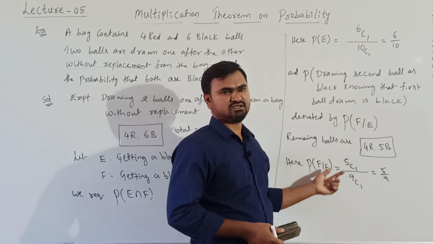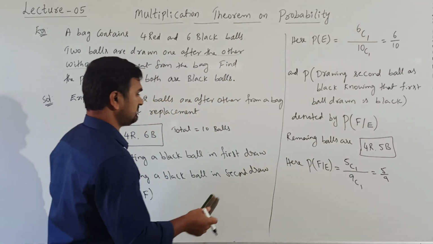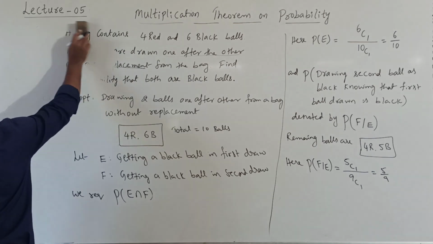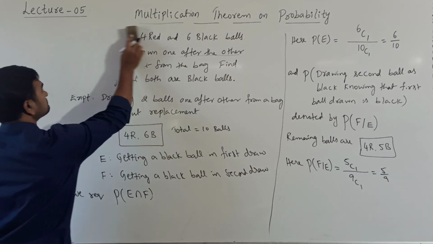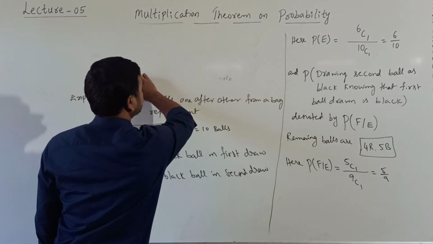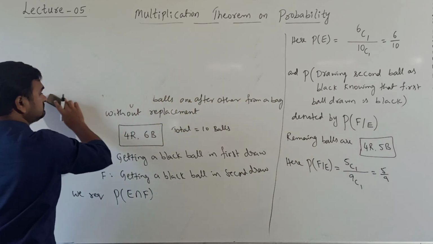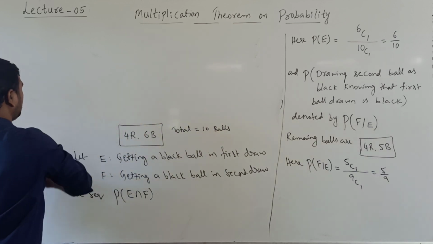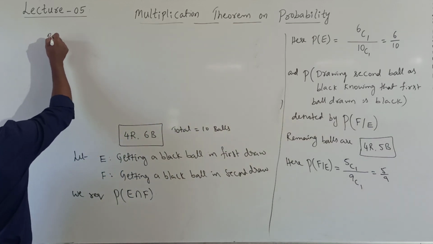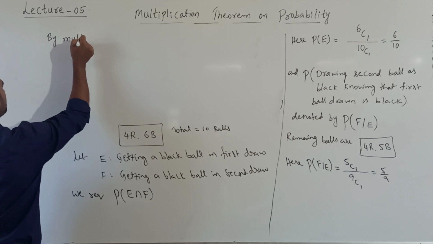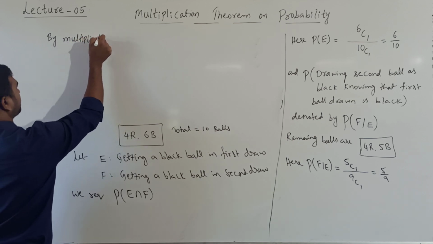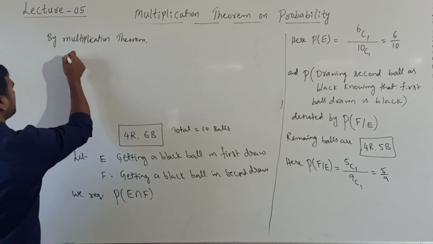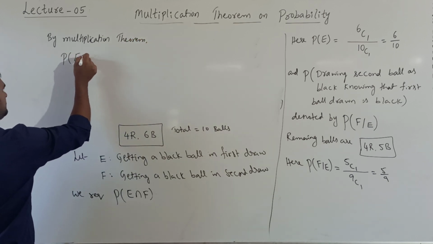Now once we know these two, by the multiplication theorem, how can you write the probability of E intersection F?